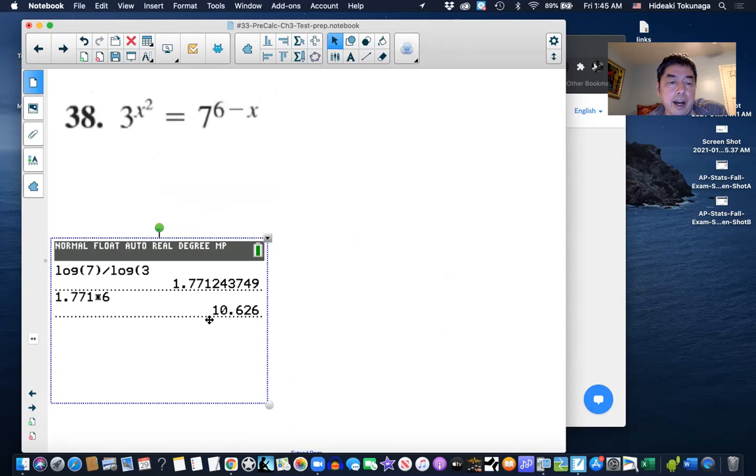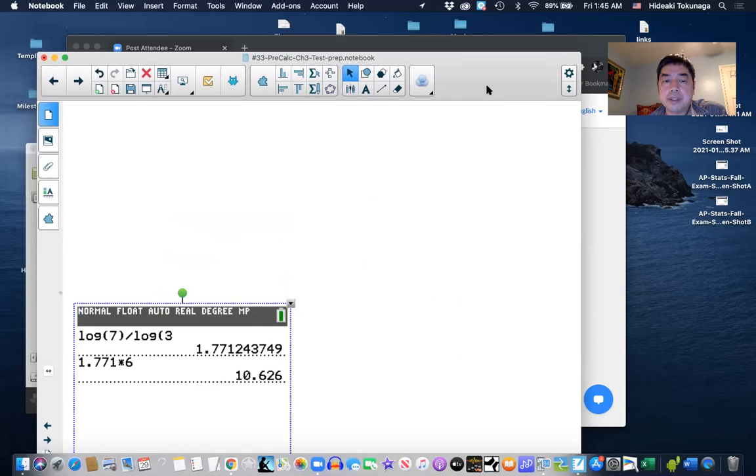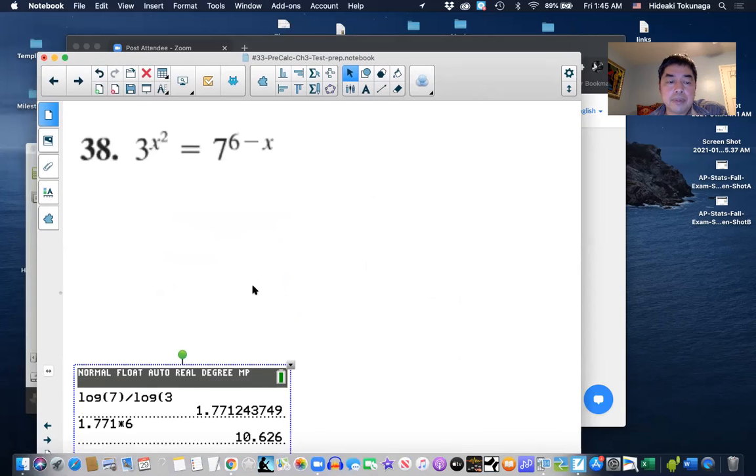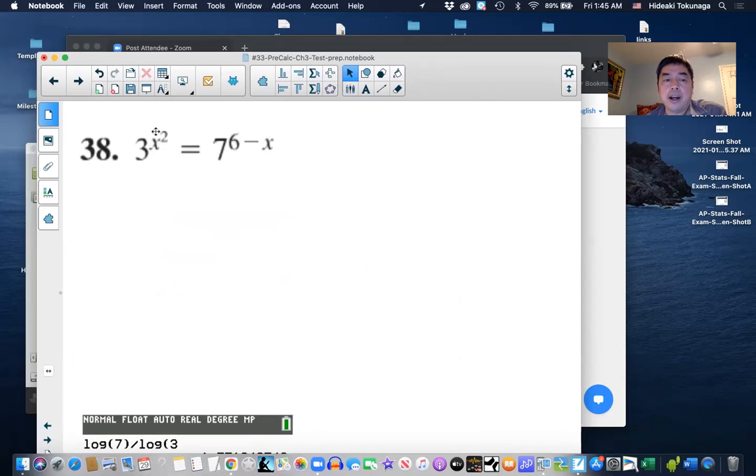Question 38. So I will hide this one, and let's see if we can do the same way. Okay, I will hide this one on the bottom, and you see it. So when you see this, as I told you, you can put the log at the beginning, but make sure it's x squared. Okay, so let me write down.